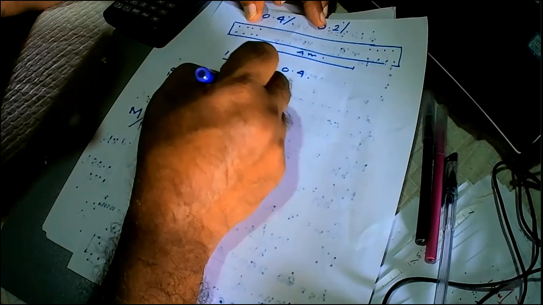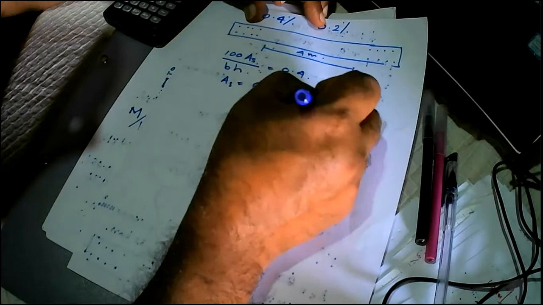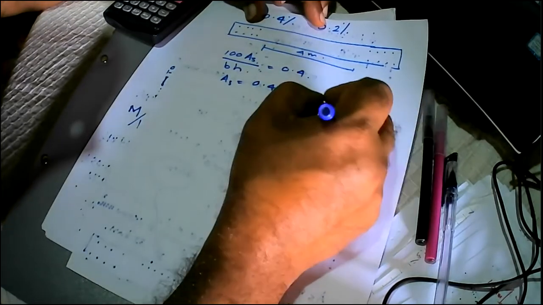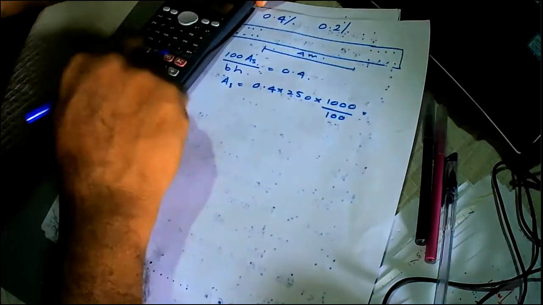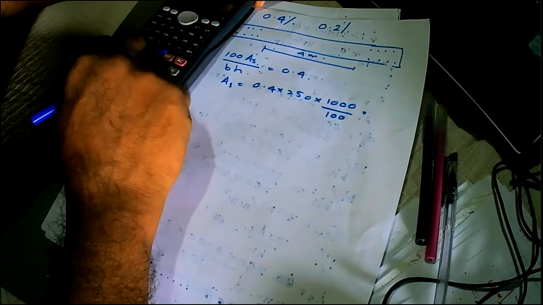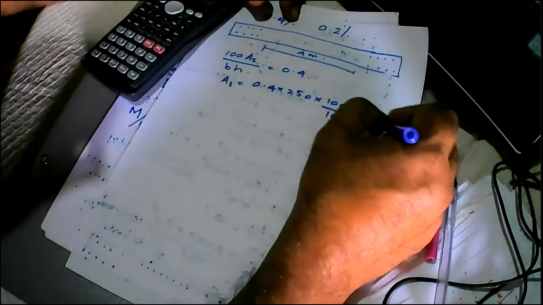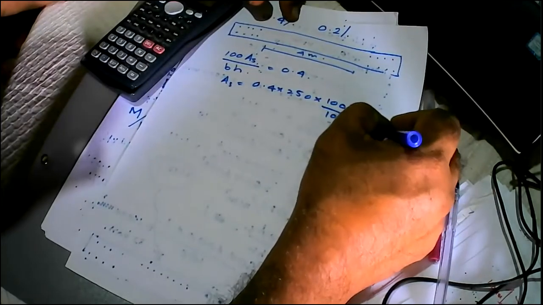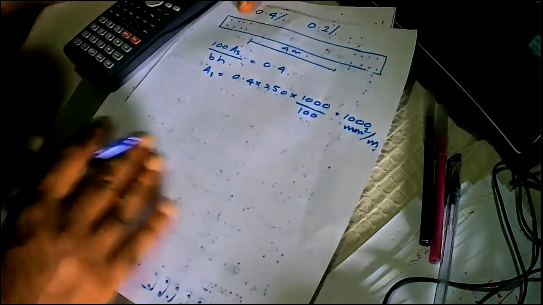So As is equal to 0.4 into 250 into 1000 divided by 100. So we get 0.4 into 250 into 1000 square millimeters per meter. We get 1000 square millimeters per meter.